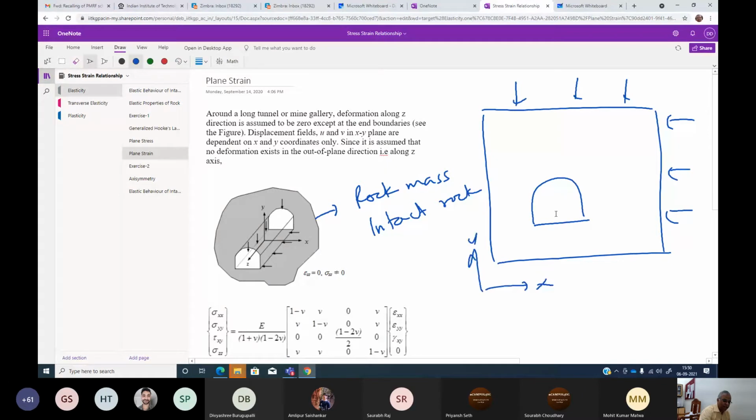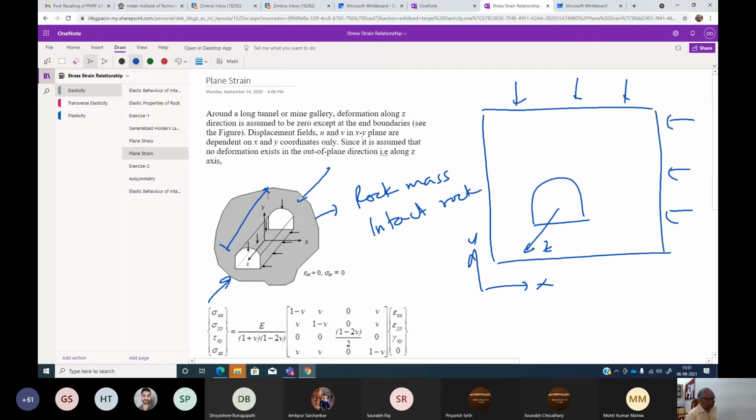This is x, this is y, and this is z. So in the z direction, no load is applied, no stress is being applied. This is what we are assuming. If this is the condition, and now the length of this tunnel is much higher, let's say 500 meters, 1 kilometer.